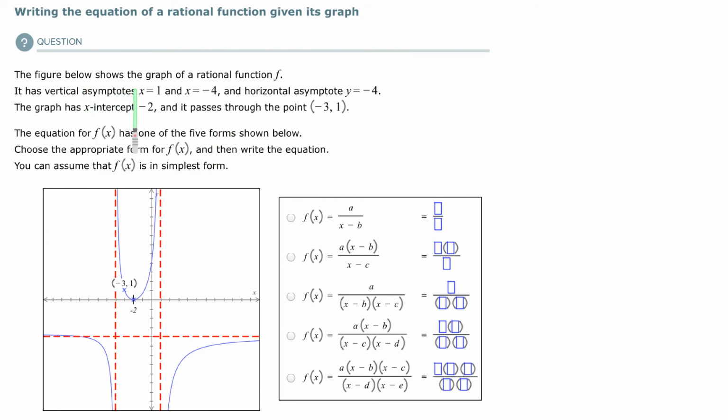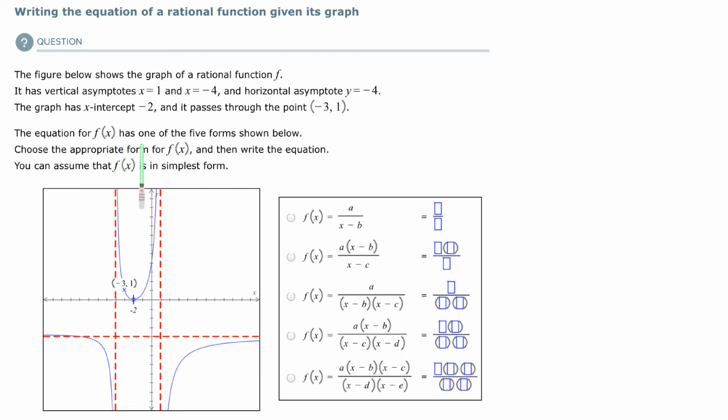So this simulates the scientific thinking that is required when you're a STEM major. You have to understand what the information says, and then put the big puzzle together and see if you could come up with the appropriate model. We're actually modeling. So you could think of function here as a model. And a model is used to predict other information.